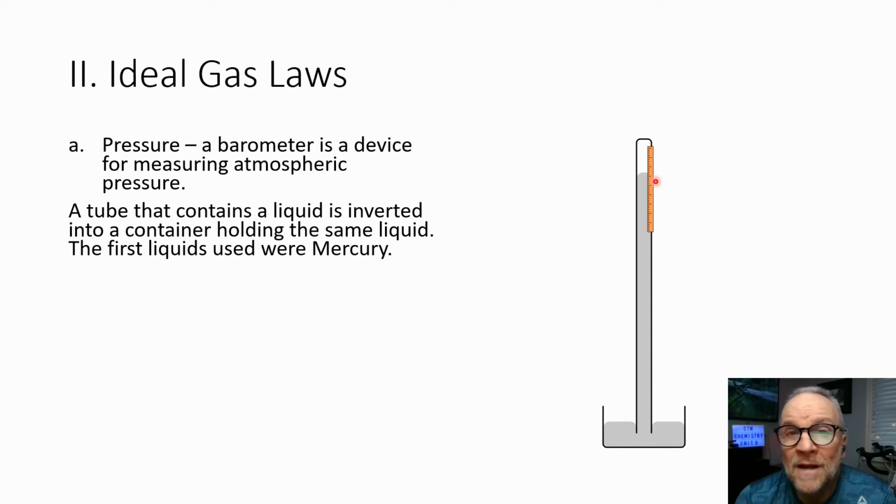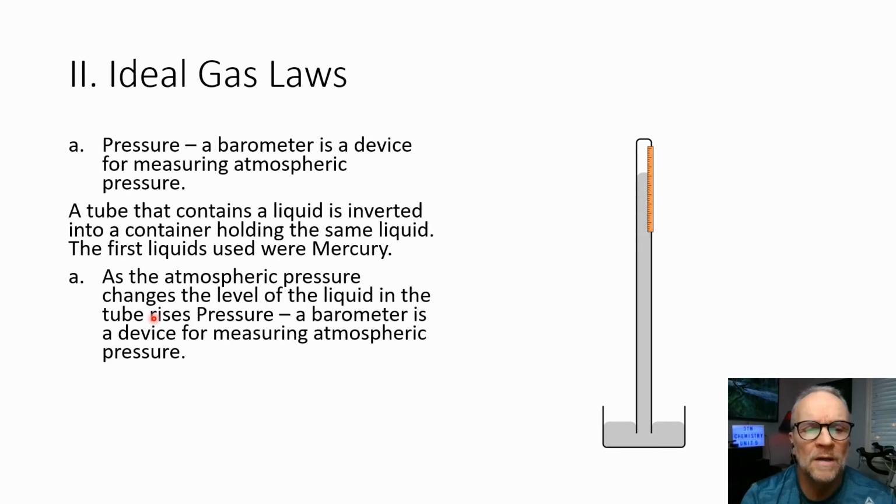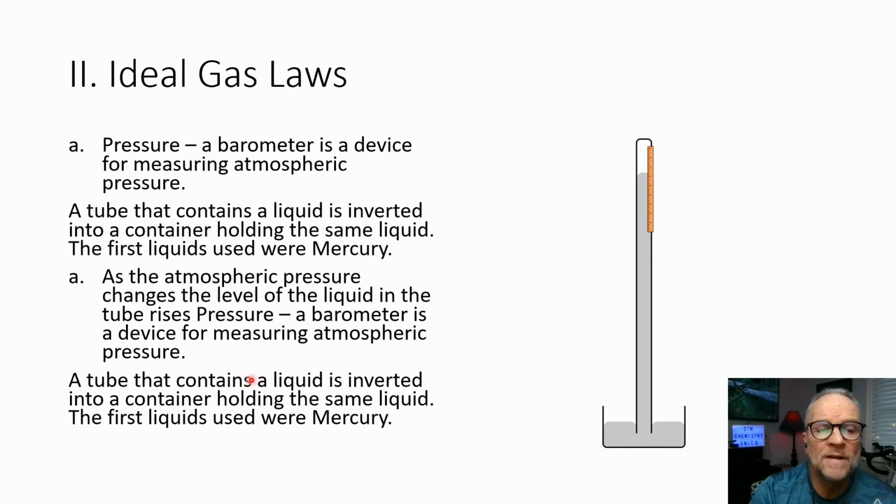It may be a little less or a little bit more depending upon the atmospheric pressure at the time, but it's always close to 760 millimeters of mercury. As the atmospheric pressure changes, the level of the liquid in the tube rises. A barometer is a device used to measure atmospheric pressure, and a tube that contains a liquid, usually mercury, is inverted.